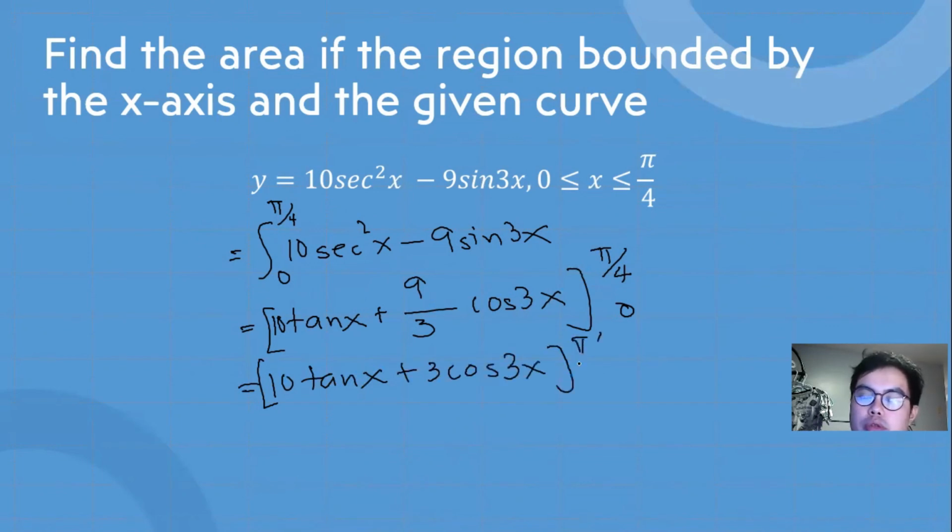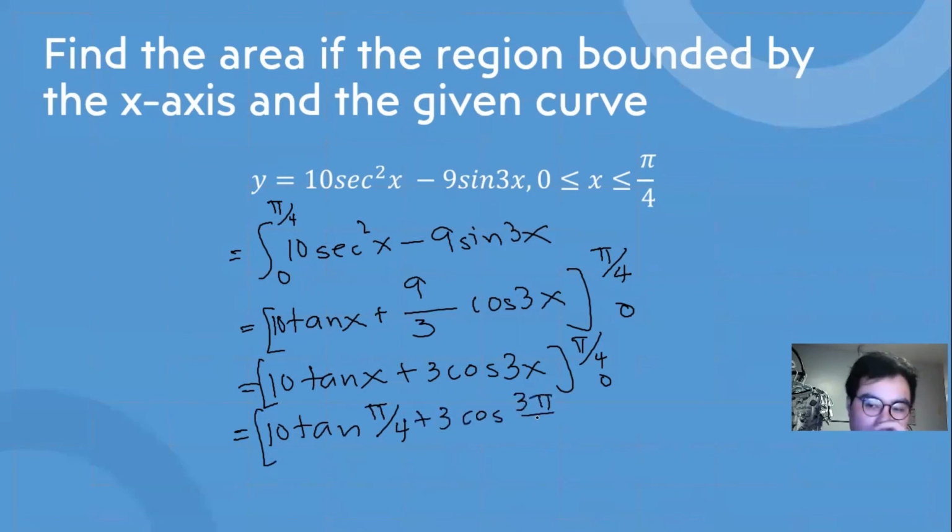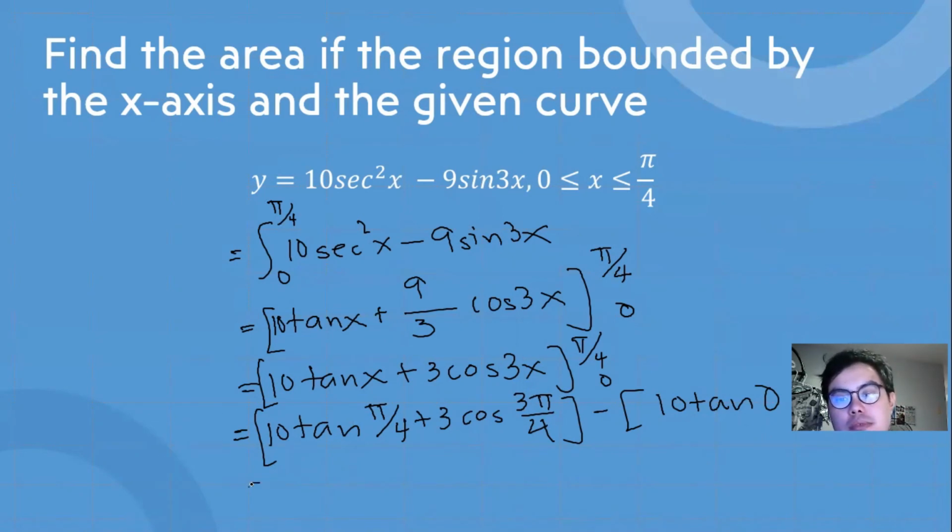So, simplifying po, so what are we going to do is to substitute po. So, it will become 10 tan pi over 4, then plus 3 cosine 3 pi over 4 minus 10 tangent 0 plus 3 cosine 0. Kasi 3 times 0 is equal to 0. So, ang gagawin po natin is, ano yung tangent pi over 4 natin?